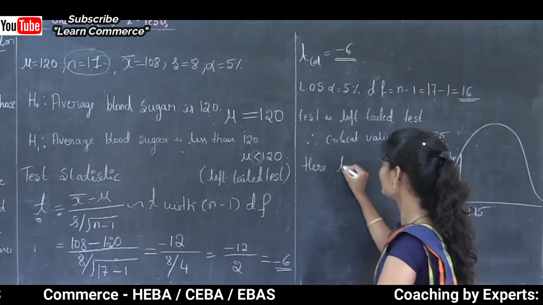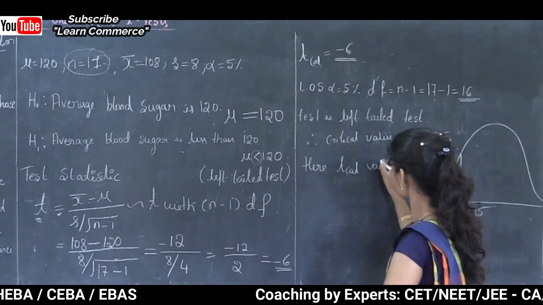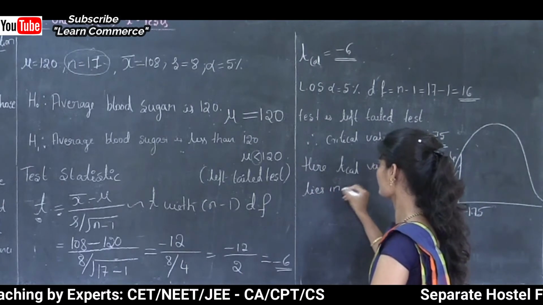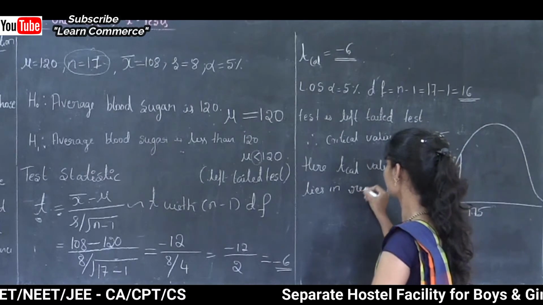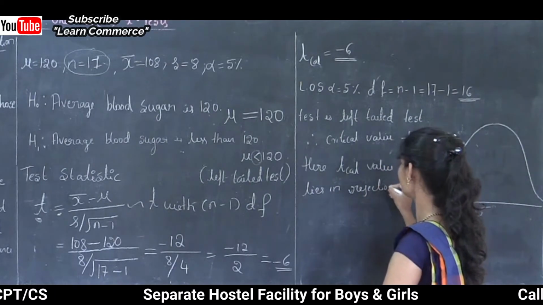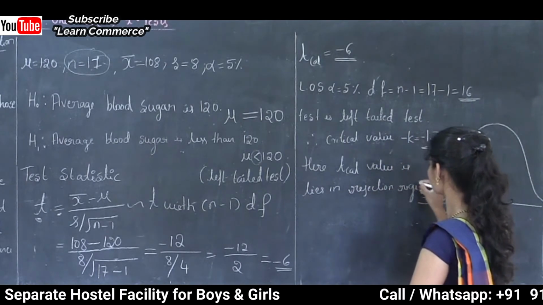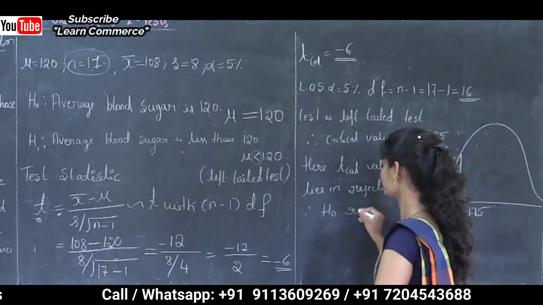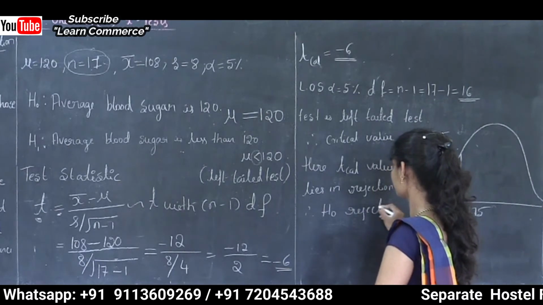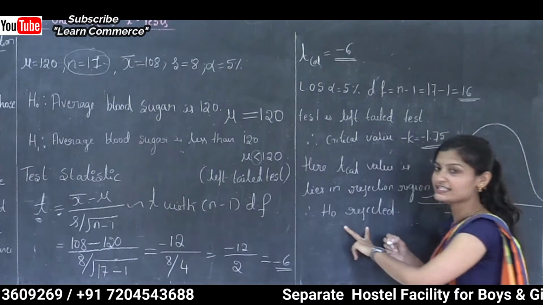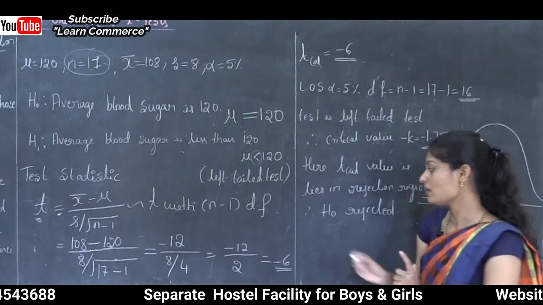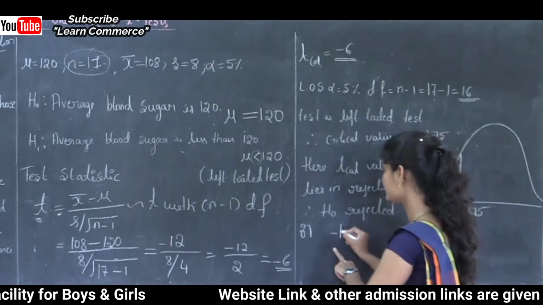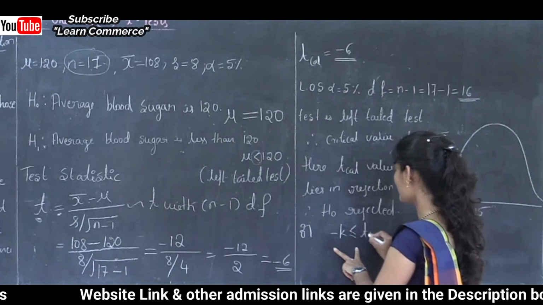Here the calculated value lies in the rejection region, therefore H naught is rejected. If H naught is rejected, H1 is accepted. Or there is one more condition. For left tail we know the condition: minus k less than or equal to the calculated value.